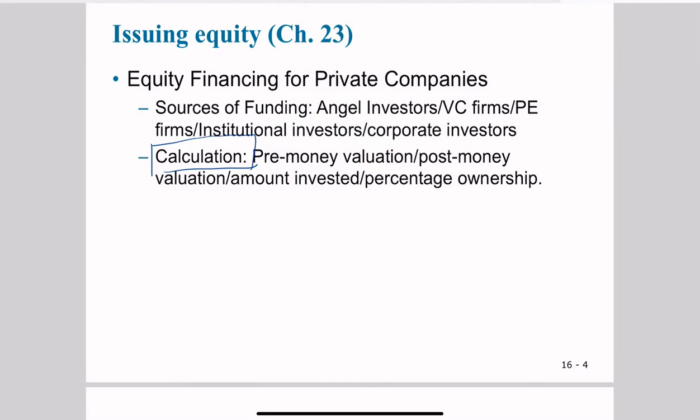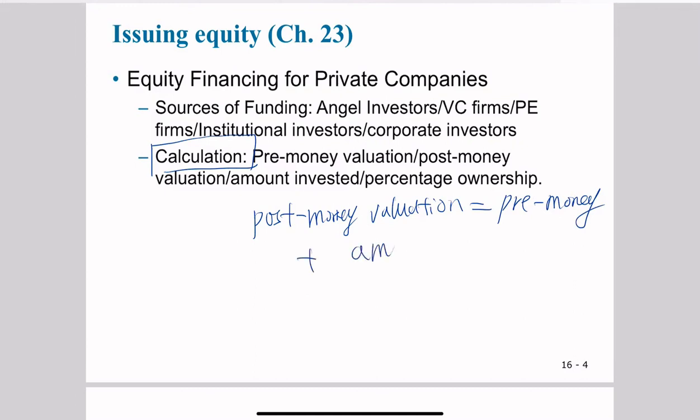Whenever a section is about calculating something, you've got to be careful and make sure you understand how to do the calculation. In this case, the formula is quite simple: post-money valuation, that is, the firm's valuation after receiving money, equals its pre-money valuation plus amount invested.